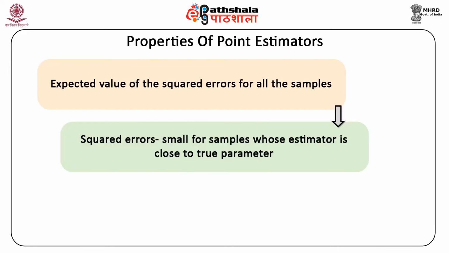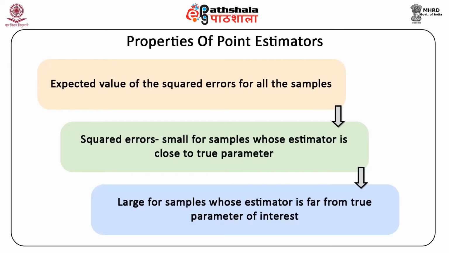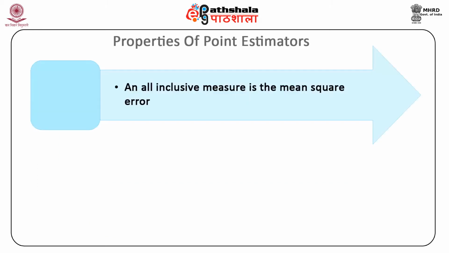Squared errors will be small for those samples for which the estimator is close to the true parameter, while they will be large for those samples for which the estimator is far from the true parameter of interest. An all-inclusive measure is hence the expected value of these squared errors, or the mean square error.